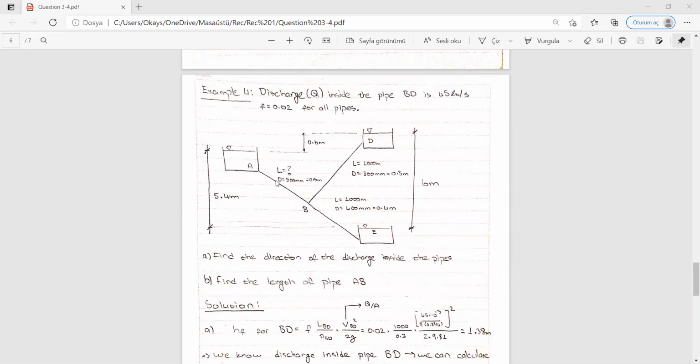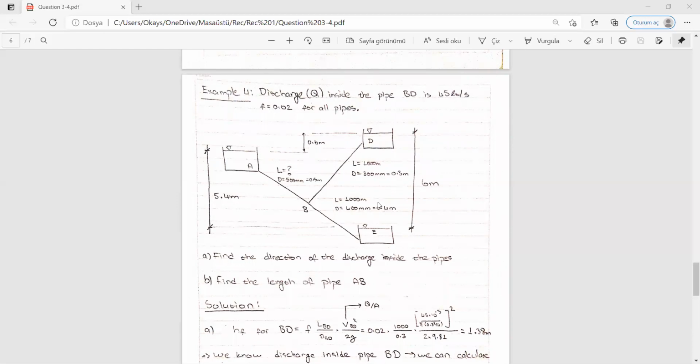Why? You may ask why? Because as you said, flow comes from D to B, and A to B. They meet here, combine, and flow to point E through pipe BE. So if we find this discharge, and if we subtract the discharge in pipe BD from this one, we can get the discharge in pipe AB.